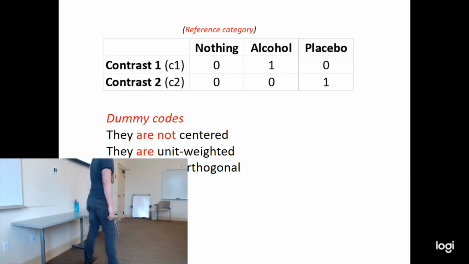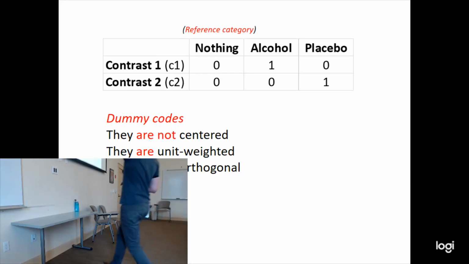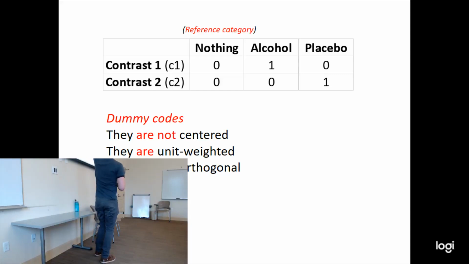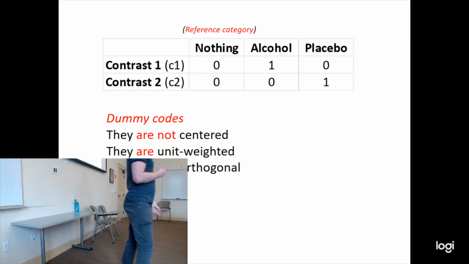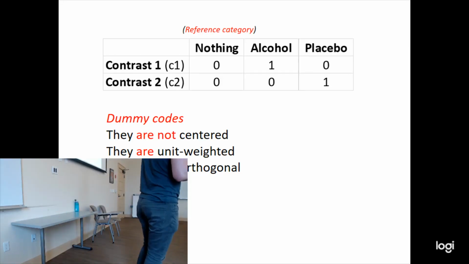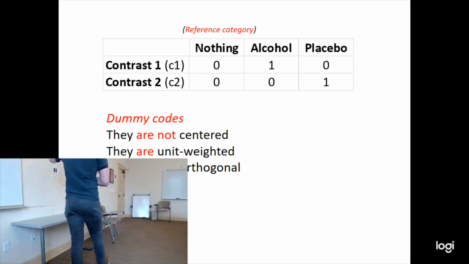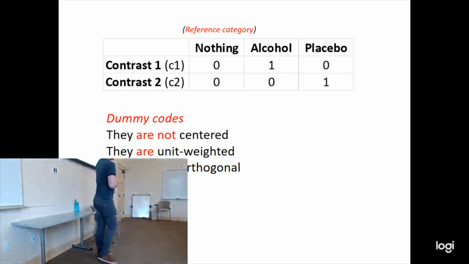To describe how these are different from the planned orthogonal contrasts we've been working with before, one difference is that they're not signed. If I take the average of 0, 1, 0, that average is 1/3. It's not 0. Likewise, if I take the average of 0, 0, 1, the average is also 1/3.